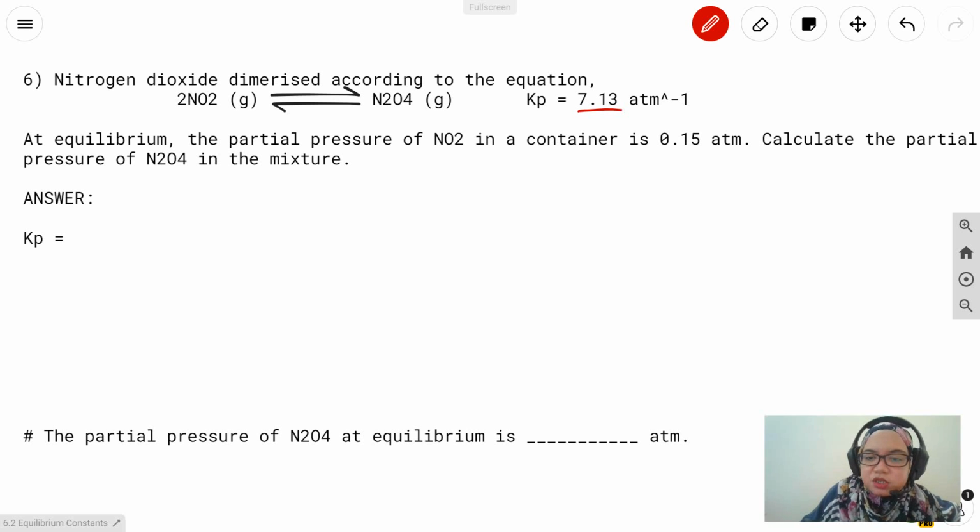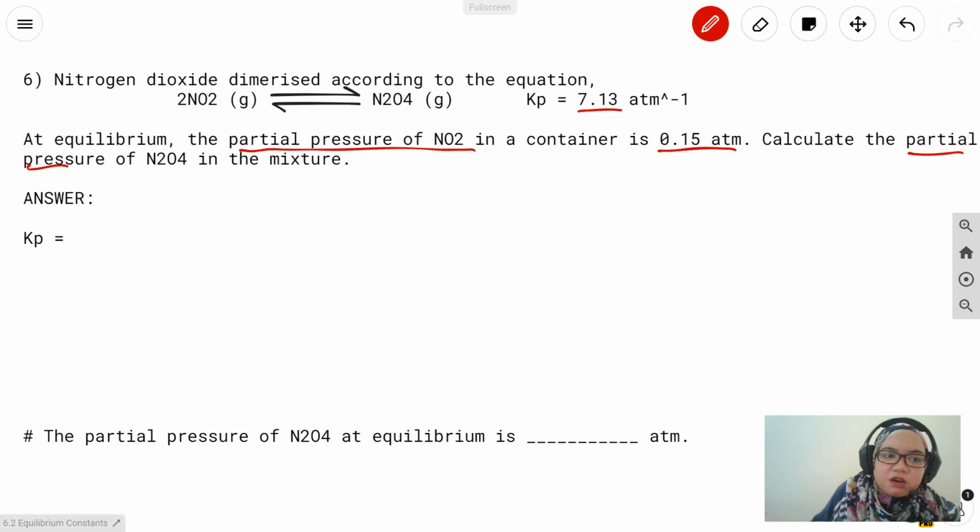I don't know why this question has a unit. Okay, so at equilibrium, the partial pressure of nitrogen dioxide in a container is 0.15 ATM. Calculate the partial pressure of N2O4 in the mixture.